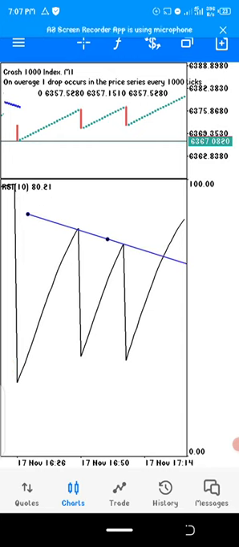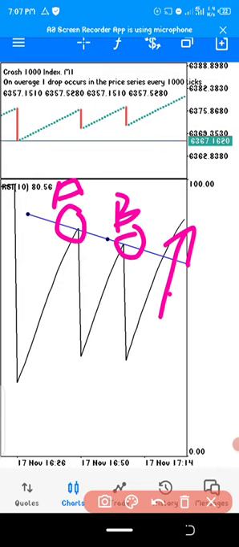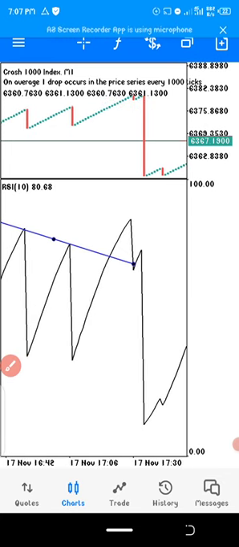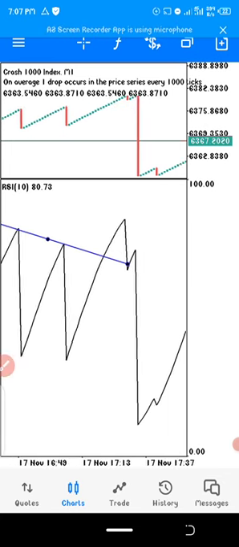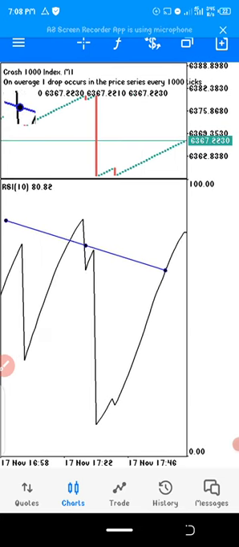You can see here we have the first touch, which is the A, the second touch, which is the B, and then we have the breakout right here, and you can see how the market moved. This is a very interesting strategy. You can see right here as well, I have the first touch and the second touch right here.